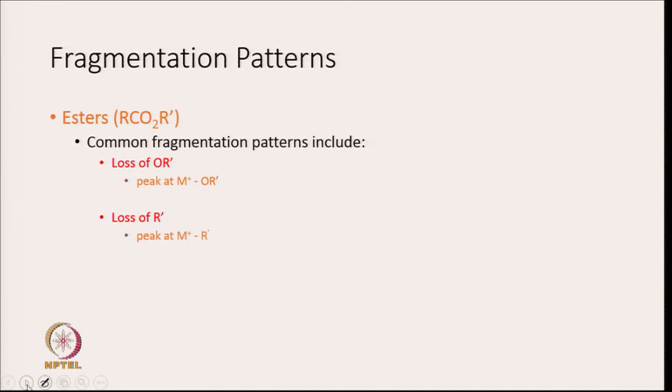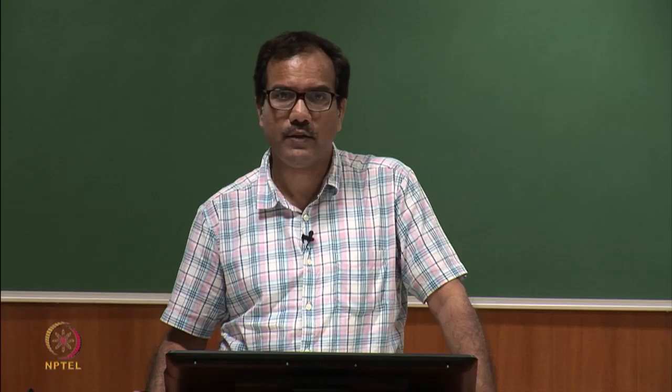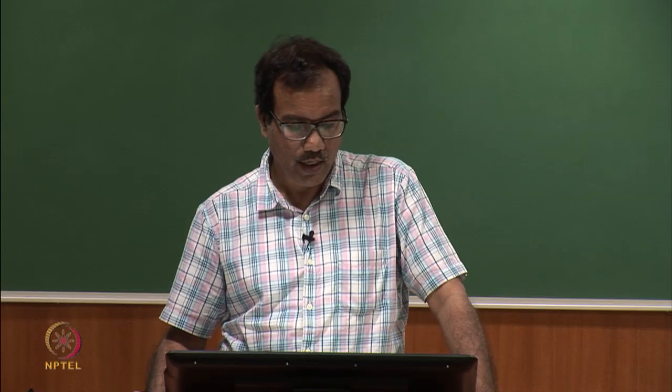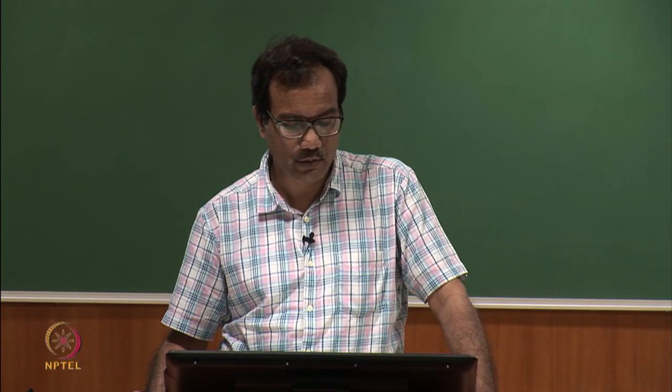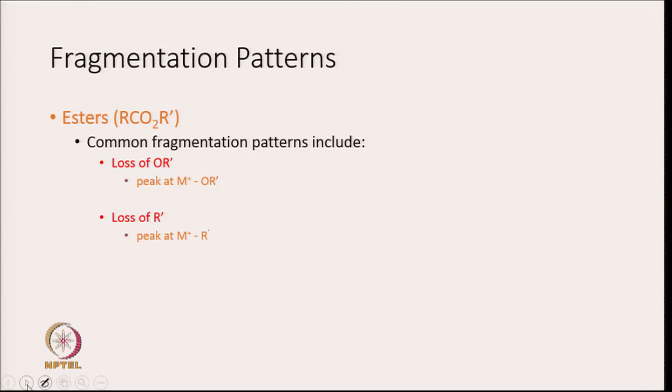Now, look at the fragmentation pattern of esters. A common fragment of an ester results from loss of the OR dash group, and so a peak is expected at the molecular mass minus the mass of the OR dash group.